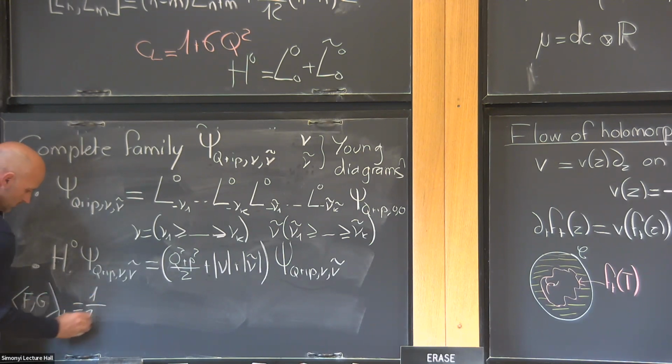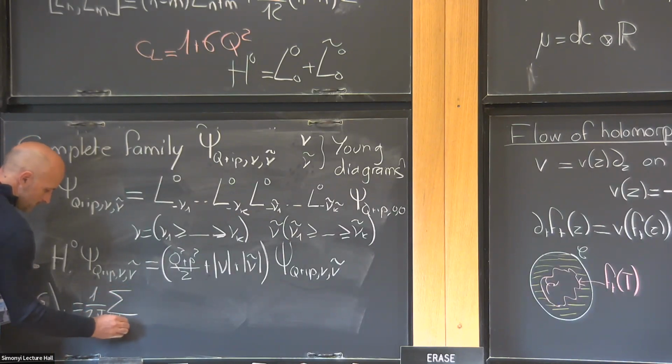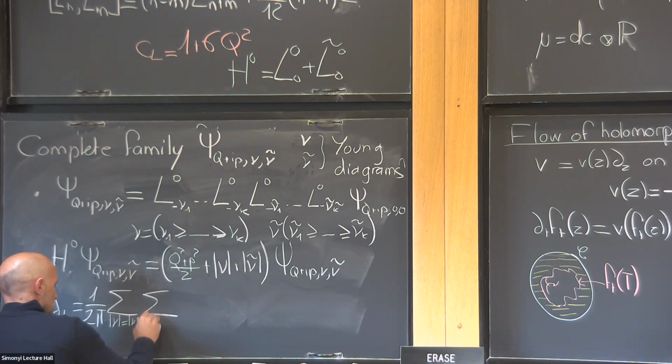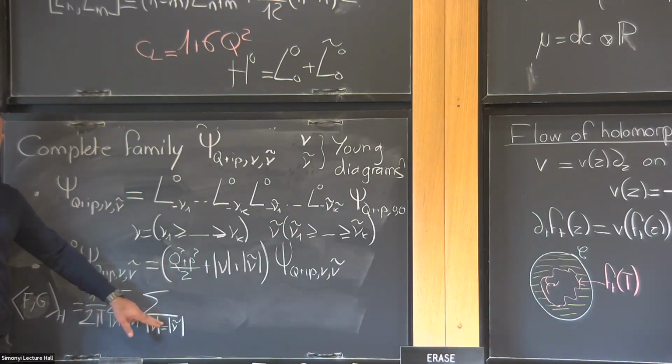Maybe there's 1 over 2 pi. You have to sum over Young diagrams. So this means that I sum over Young diagrams with the same length.